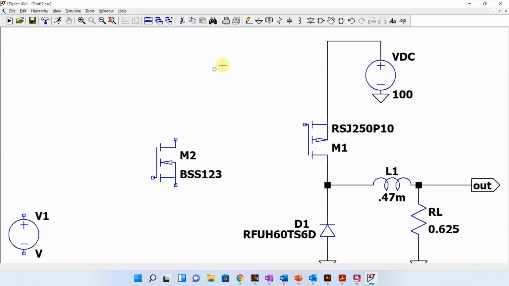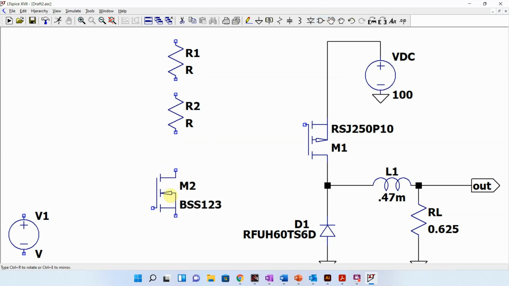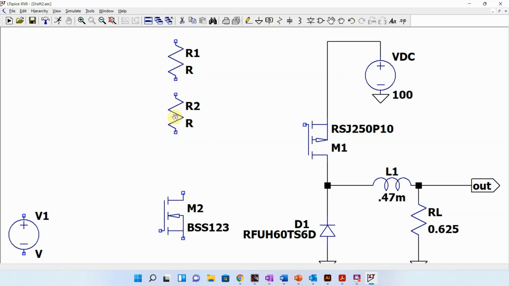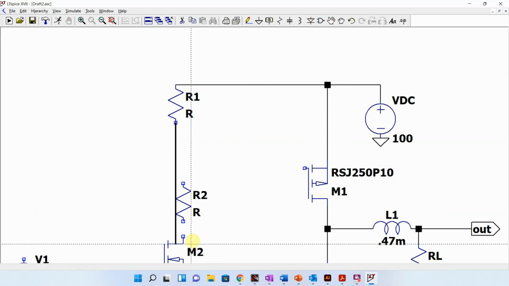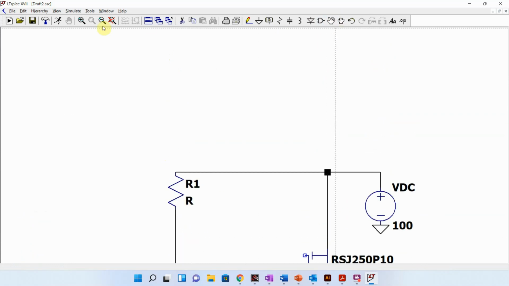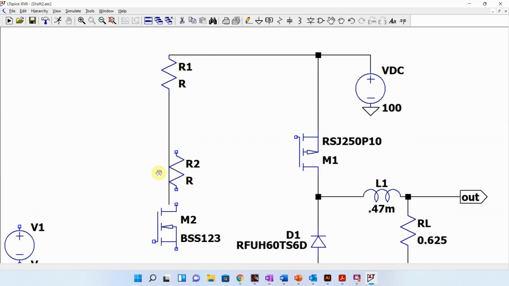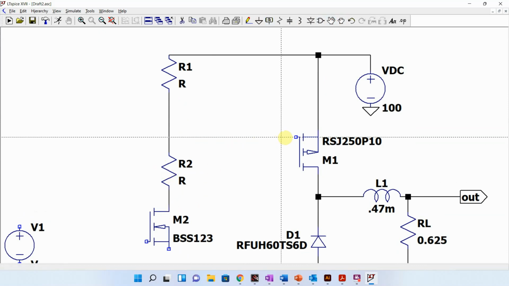So we're going to have to take the 100 volts and voltage divide it down. So we need to drop it down.